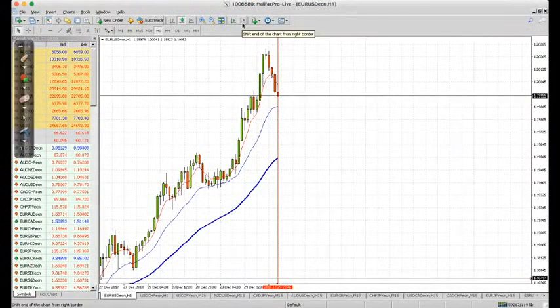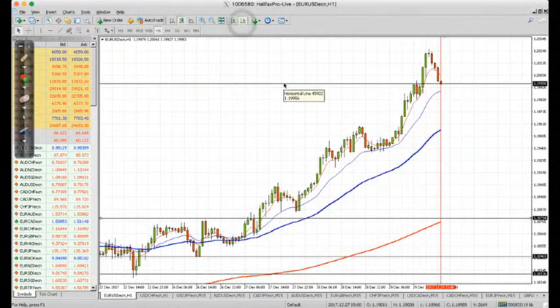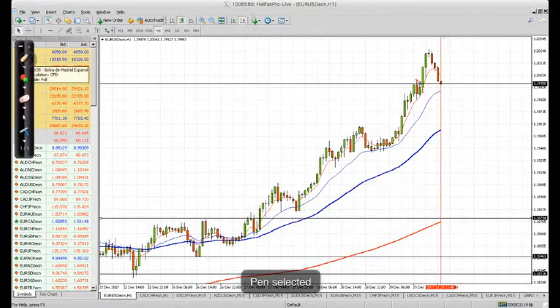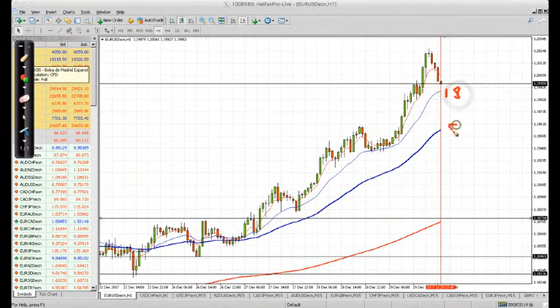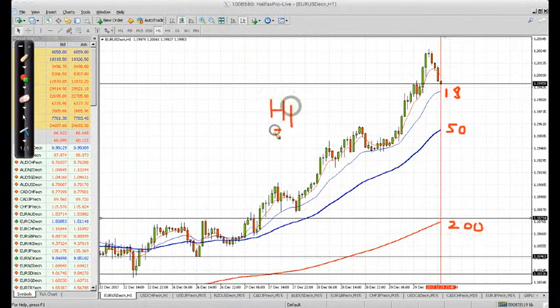On the hourly time frame, is it also on a clear uptrend? Yes. Why? Because you can see the 18 is above the 50 and the 50 is above the 200. So once again, the hourly candles are aligned to the 50-minute candles. And that gives you the best probability of success in following the trend.